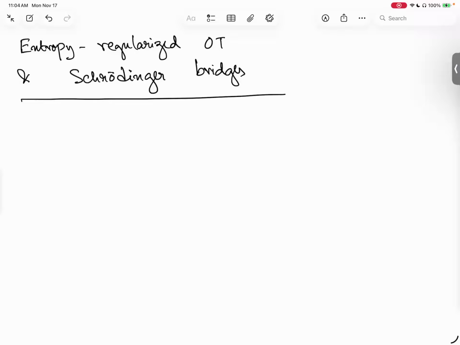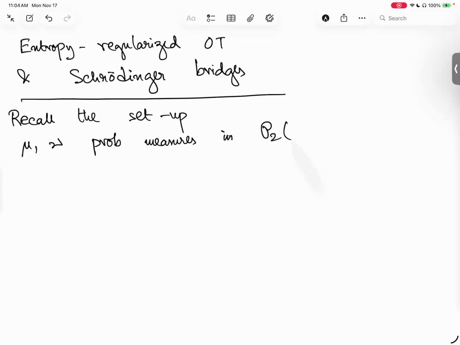All right, okay, then. So this was a problem that we were talking about. So recall the setup. I have two probability measures, mu and nu. These are elements in P2 of R^d.